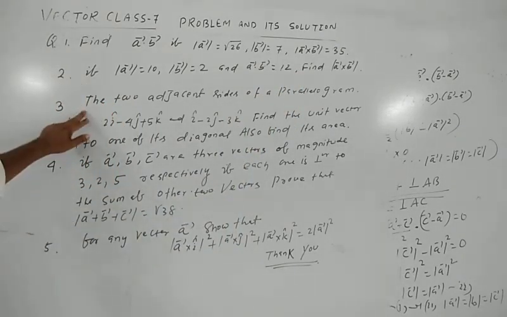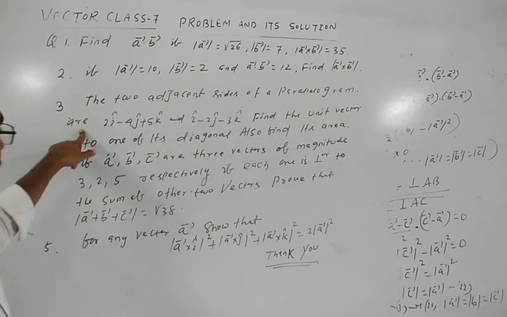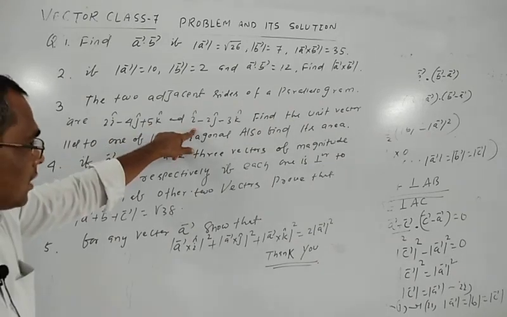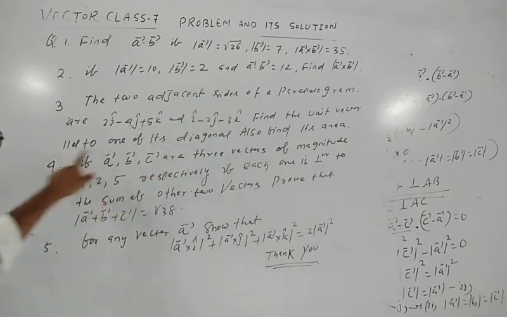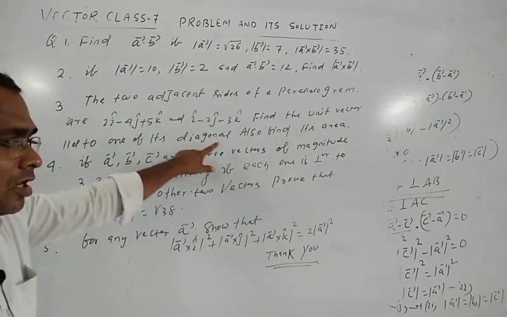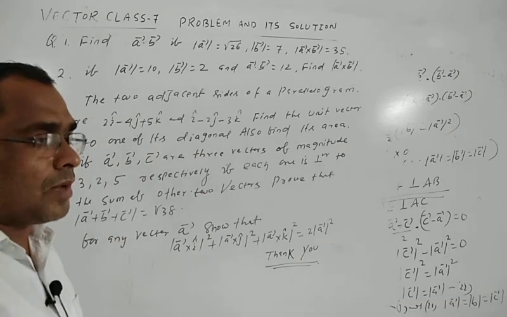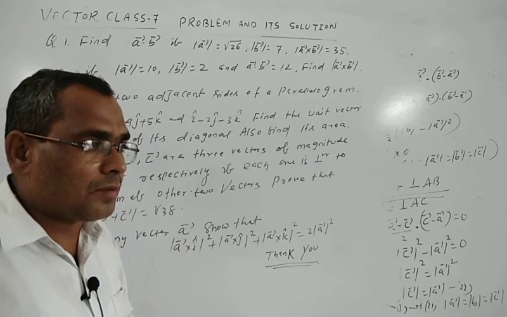So the third question: the two adjacent sides of a parallelogram are 2i cap minus 4j cap plus 5k cap and i cap minus 2j cap minus 3k cap. Find the unit vector parallel to one of its diagonals. If the adjacent sides of a parallelogram are given, what will be the diagonals?